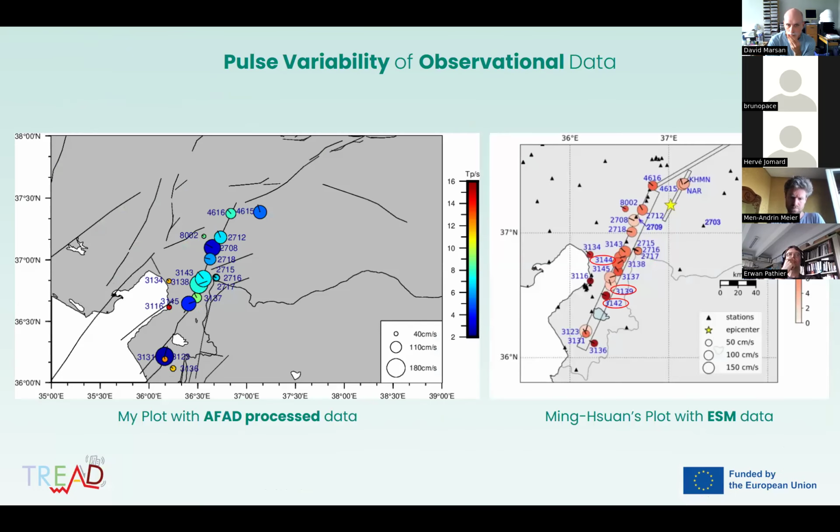So I created my own plot similar to what the GFZ group did. And what was just a funny observation was that I was using the data produced by AFAD. They provided processed data, whereas this group was using ESM data. And in the classification of a pulse, using the AFAD processed data actually resulted in a lack of a few stations.